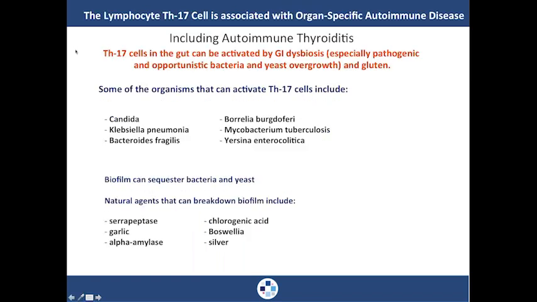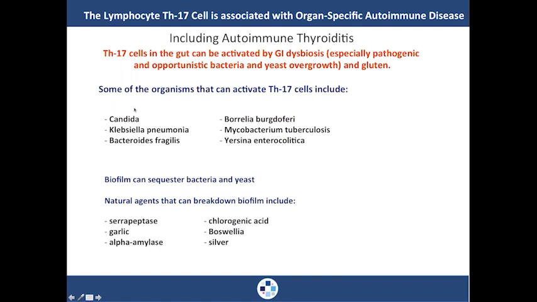Now, in the gut, there are some lymphocytes called Th17 cells, right? Helper cells. They are associated with organ-specific autoimmune disease, and like it says here, including autoimmune thyroiditis. Right? The Th17 cells can be activated by GI dysbiosis, particularly pathogens and opportunistic bacteria, as well as yeast overgrowth, and as you see over here, gluten as well.